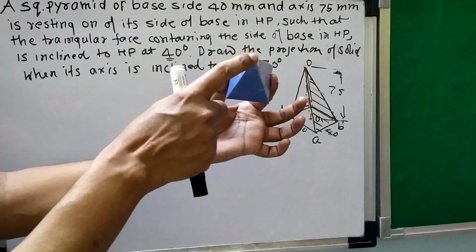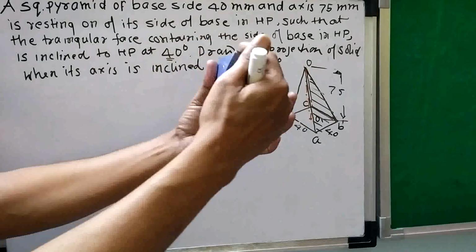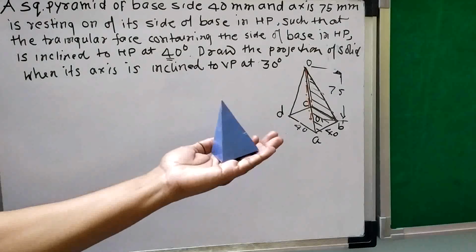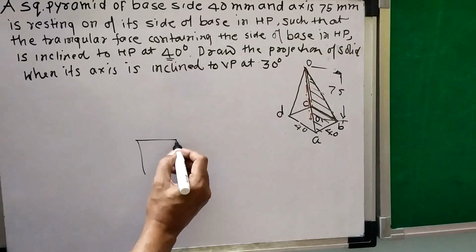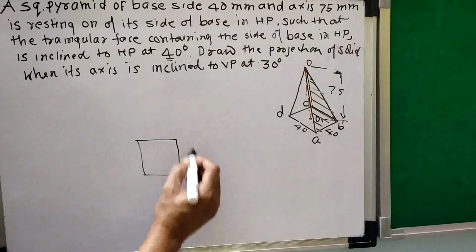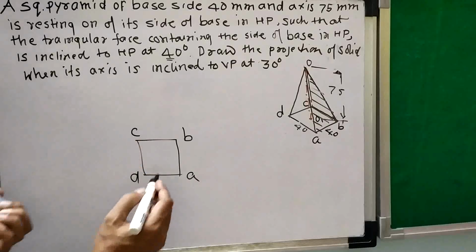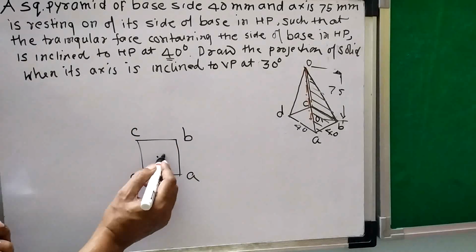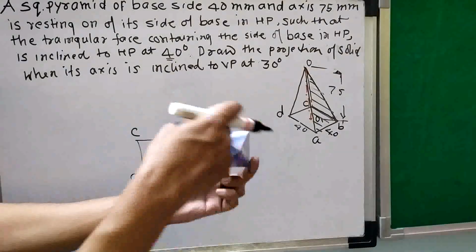Then you can see this O as the center of this square and these four slant edges. In the top view this pyramid will look like a square, that is ABCD, and O as the center, that is O and O1, means this axis will be seen as a point.